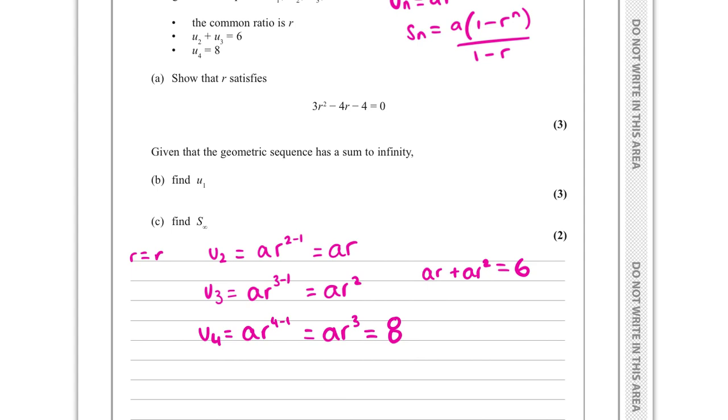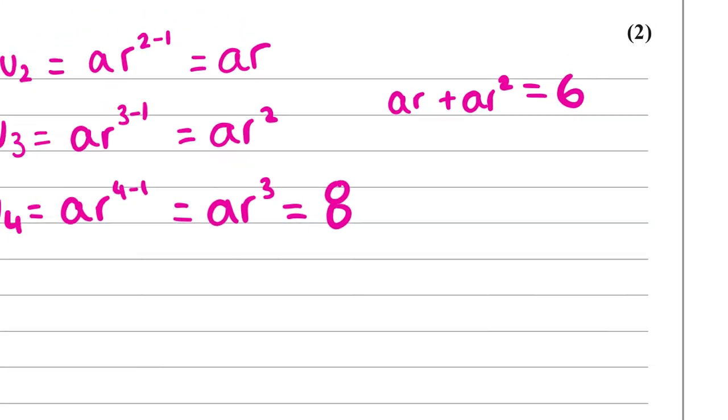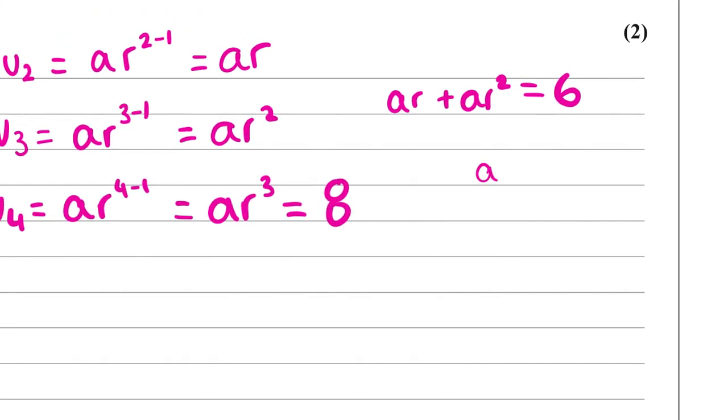Now we have two equations, so you can do this many different ways. Simultaneous, if you want. If you wanted to, you could say that this is a bracket r plus r squared equals 6. And then you know that the second one is a equals 8 over r cubed, and we can substitute in a.